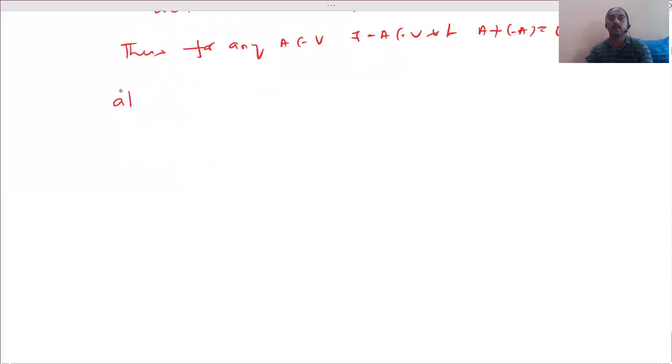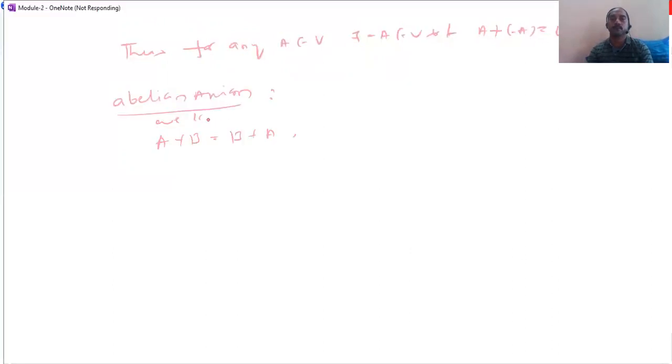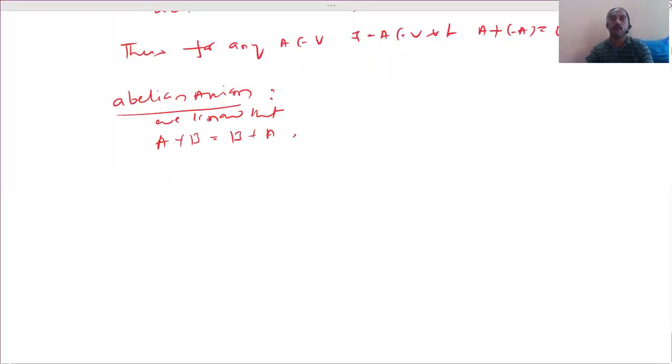Then abelian. Obviously true. Matrix addition satisfies A plus B equals B plus A, with respect to addition.